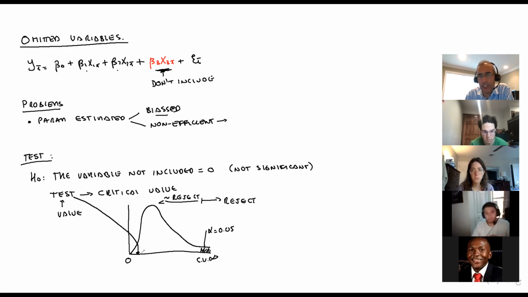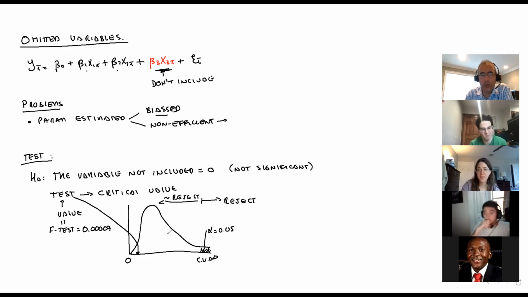Now tell me, for the chi-square or the F test, what is the value for the F test in your EViews? 0.0 something, very small. Yeah, it's like 7.84 times 10 to the minus 5, I think. So it's like zero. Do you agree? It is going to be extremely small.